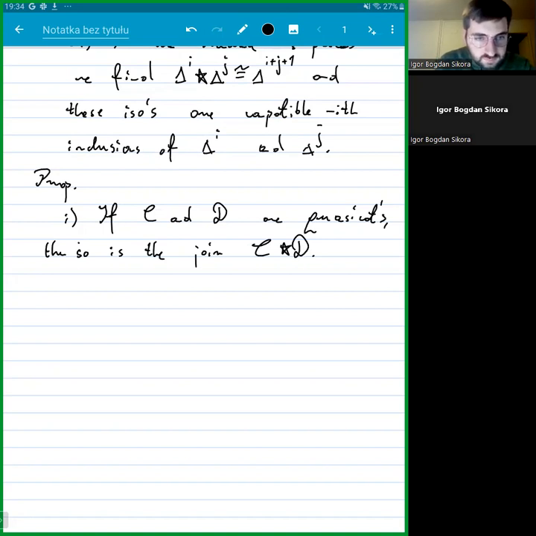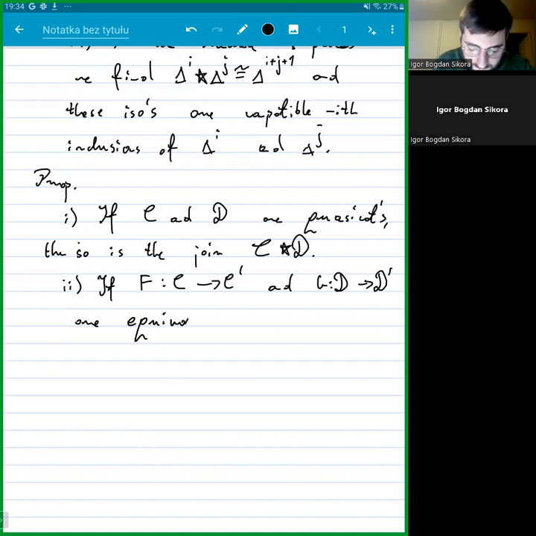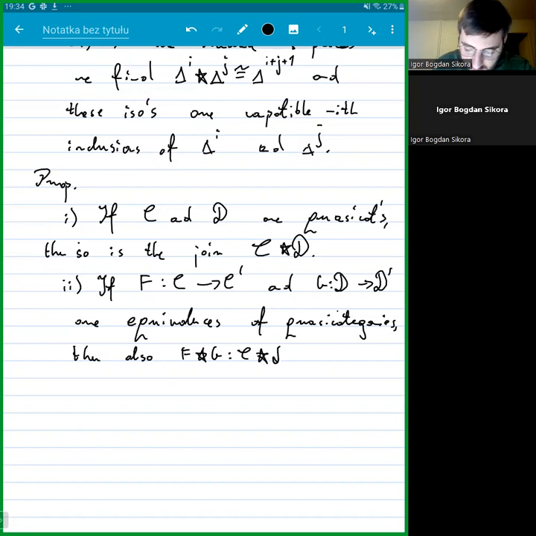Secondly, if F from C to C prime and G from D to D prime are equivalences of quasi-categories, then the join of these two functors, going from C join D to C prime join D prime, is also an equivalence.